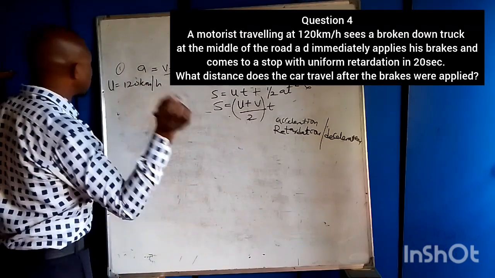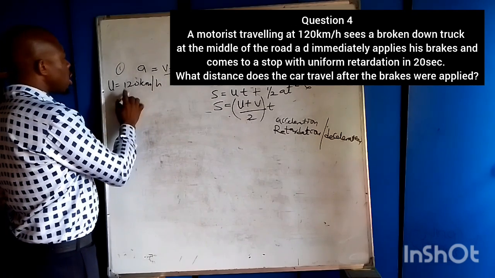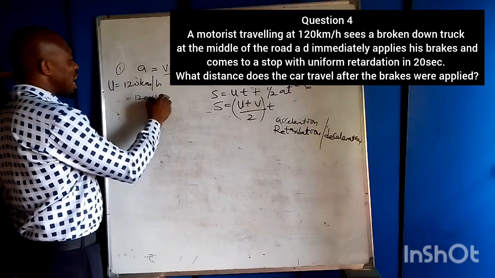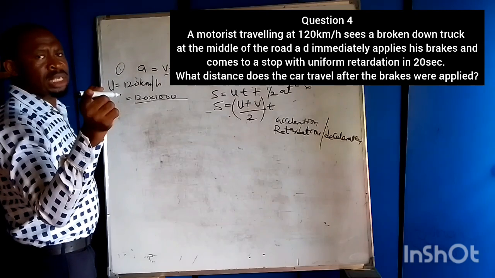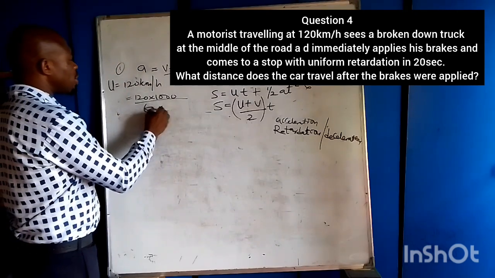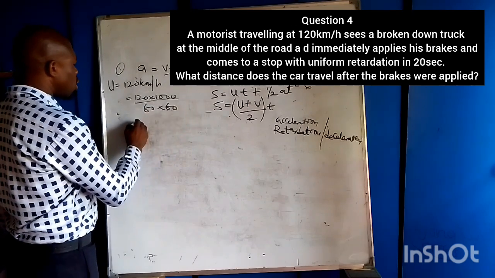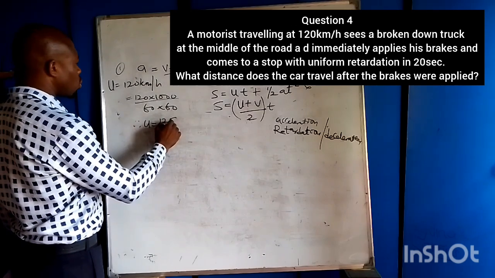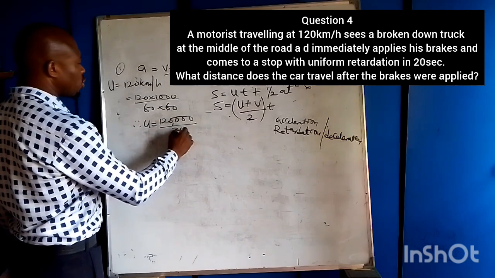And of course, the first thing we'll do is to convert this straight away. We now have 120 times 1,000 meters all over 1 hour. 60 seconds times 60 minutes make 1 hour, so we now have 60 by 60. All of which will give us that U is equal to 1,200 all over 3,600.